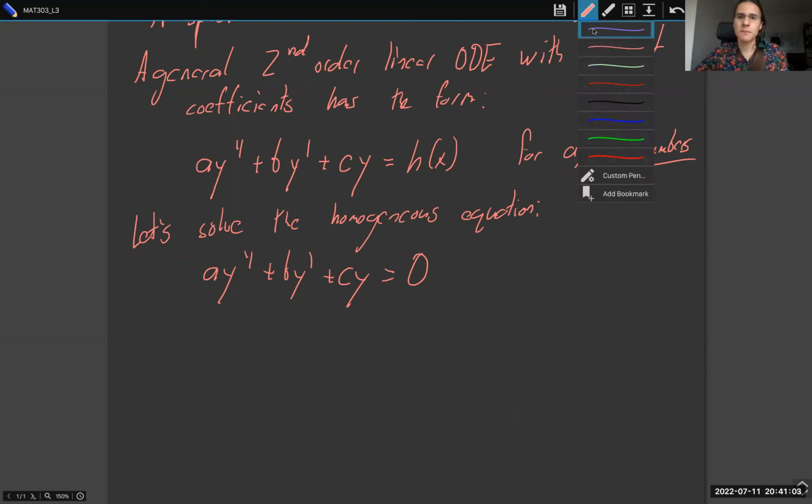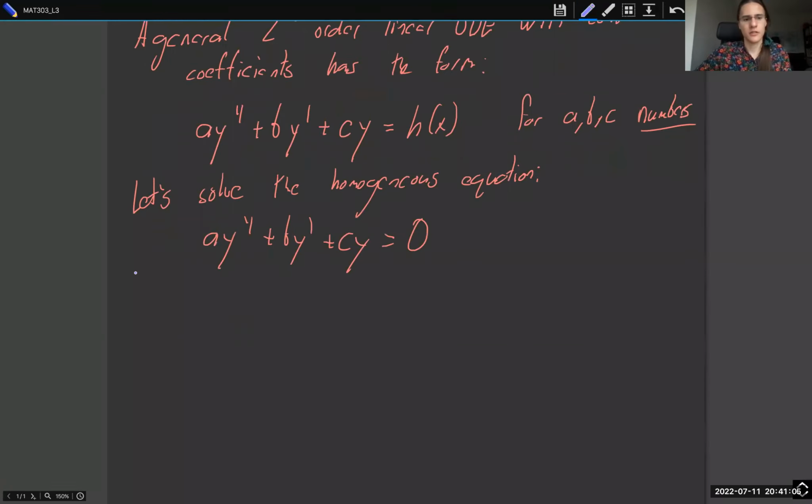And we are going to solve this by way of an ansatz. The ansatz is that y is equal to e to the tx for t some number.